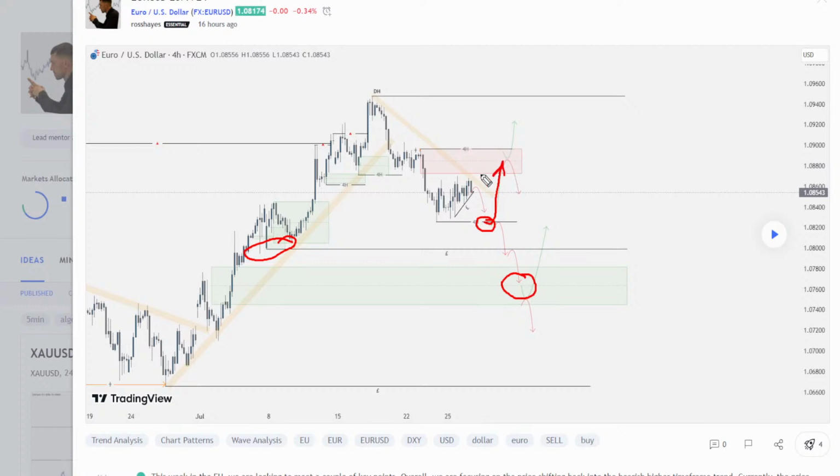This is going to of course change depending on if we break structure here or not. If we do, then we'll have a new high, a new area of supply, so this idea would be invalid. The main principle is if we sweep this and we push higher, then we're going to look for price to either go bullish or bearish out of this area of supply.